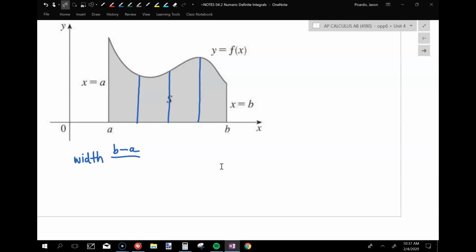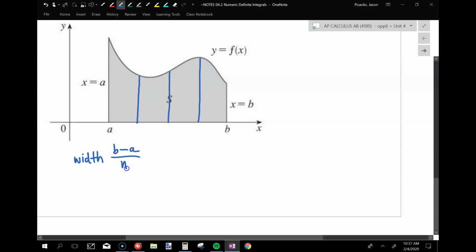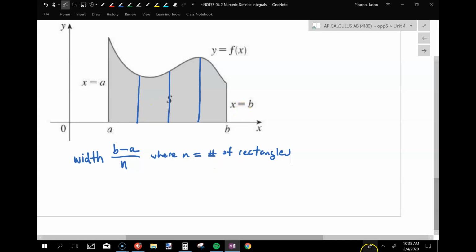If I wanted to create 8 rectangles, how wide is each of them? B minus a divided by 8. Okay, so the width is going to be b minus a divided by n, where n equals the number of rectangles. So that is the width of each individual rectangle that we're going to use as one of our dimensions to find the area, right?